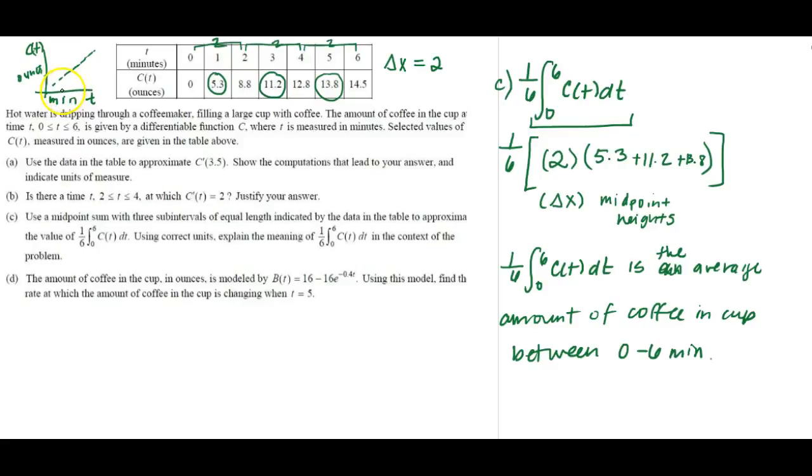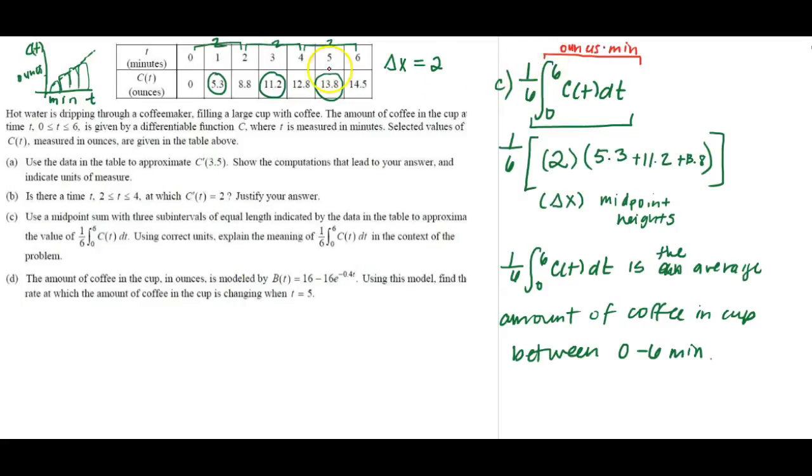So we're trying to find the area of different rectangles, and that area is base times height. So this portion here, let me write the units on top in a different color, is multiplying base times height units, so ounces times minutes.